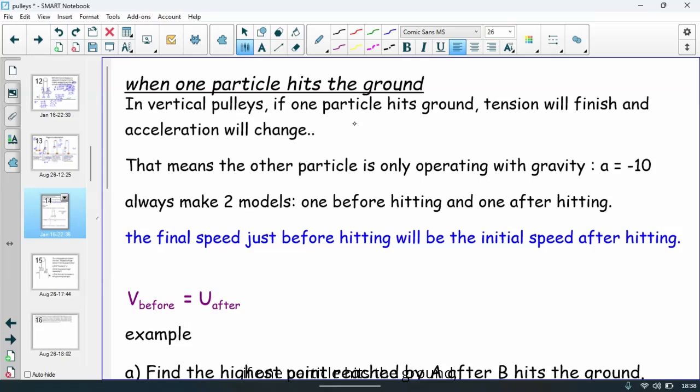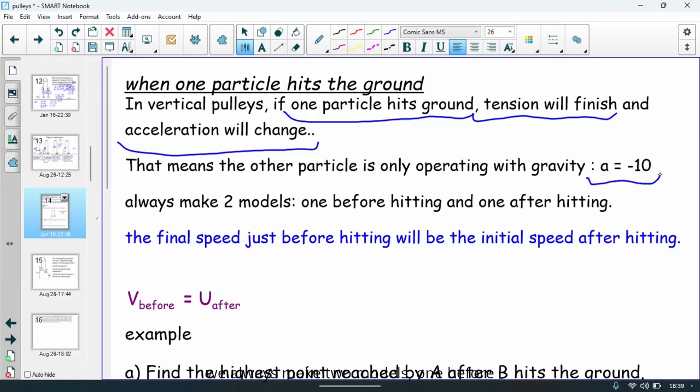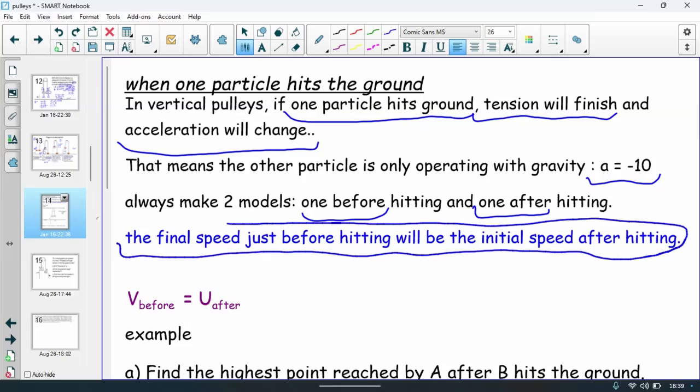If one particle hits the ground, tension will finish and acceleration will change. Okay, so the other particle is only operating with gravity. Okay, we always make two models, one before and one after hitting. Okay, this is a very key point here. The final speed just before hitting will be the initial speed after hitting.